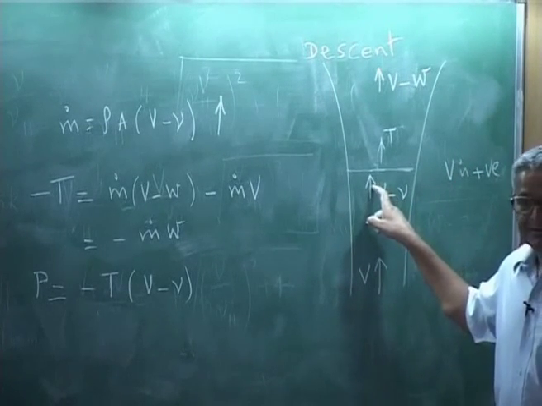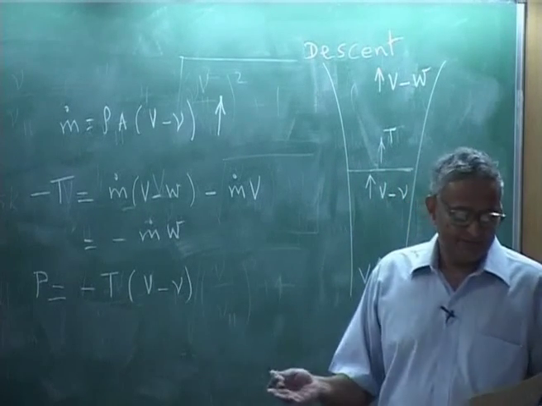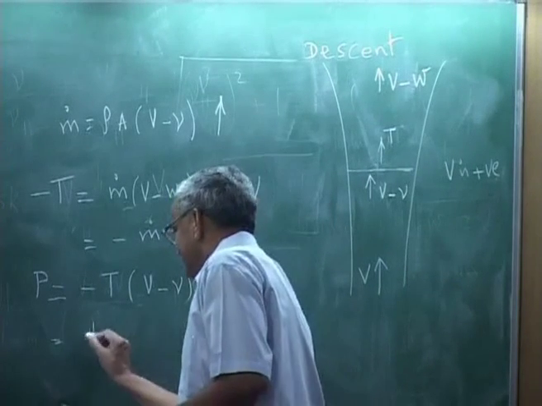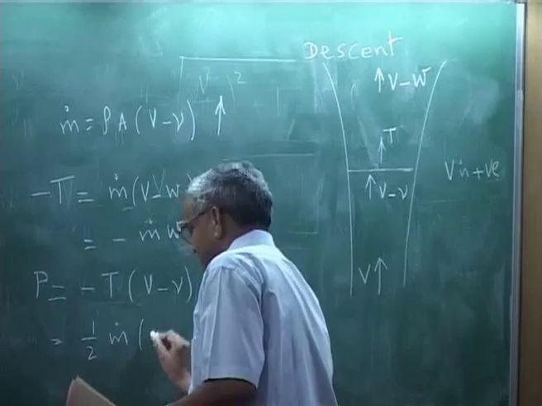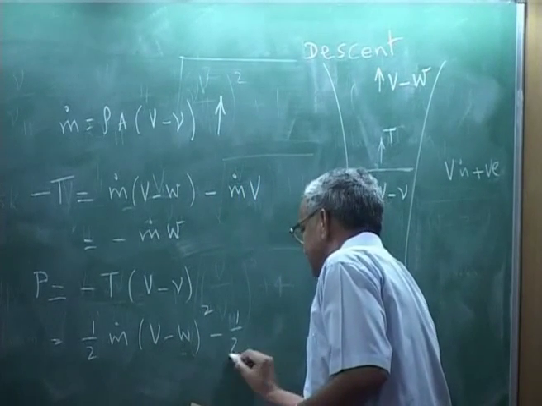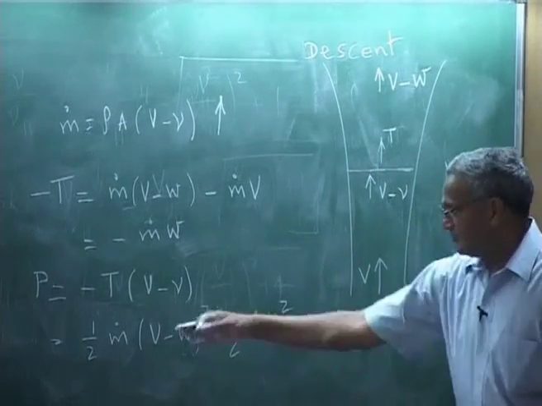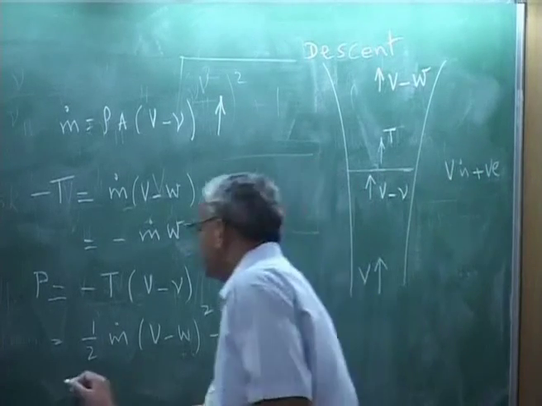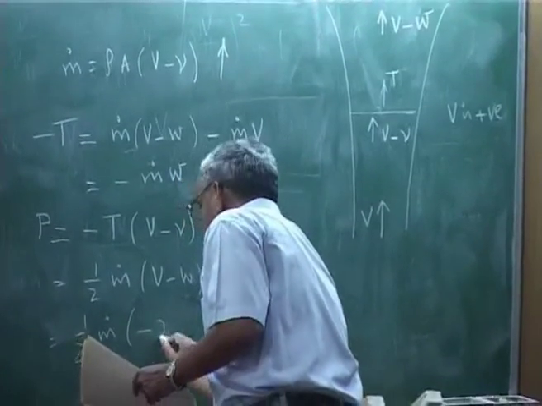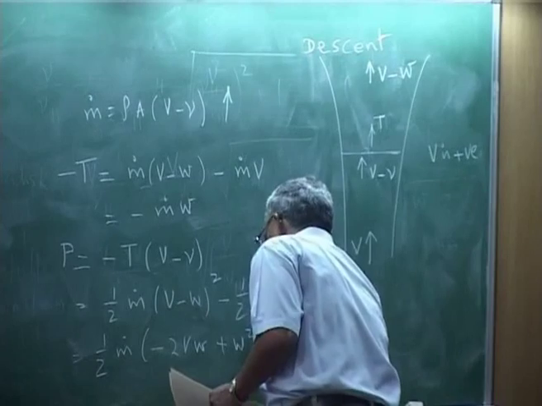Of course, this is equal to the change in energy. Change in energy is the final minus initial, which is half m dot (V minus W) whole square minus half m dot V square. Again, if you simplify, you will get half m dot (minus 2 V W plus W square).